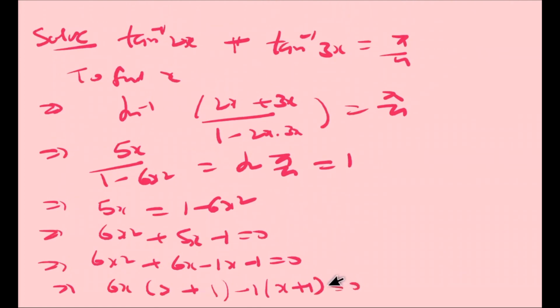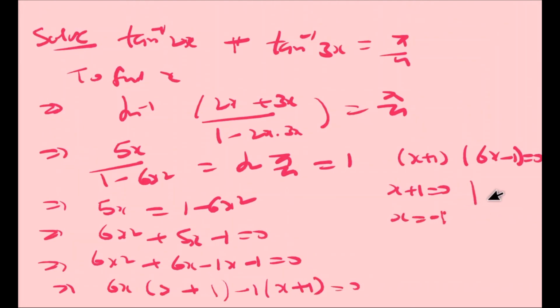So what is the factor here? That is x plus 1 and 6x minus 1 equal to 0. So x plus 1 equal to 0, then x equal to minus 1. If you don't know the formula of factors, go through the factors chapter in my video. First learn all the formulas, then you can find out the value.